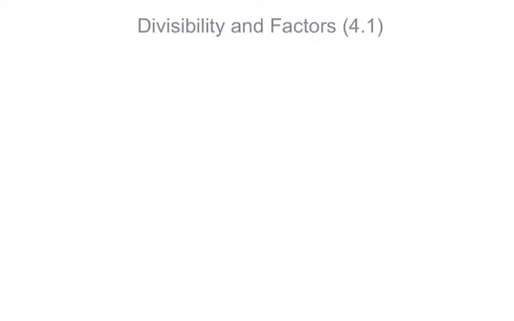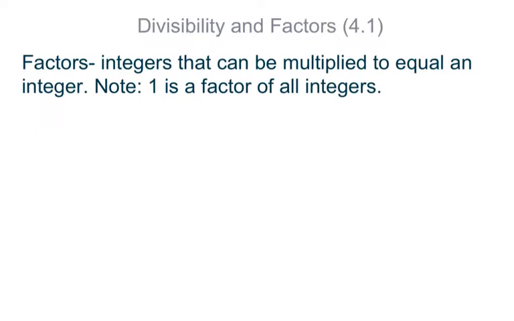Alright, divisibility and factors. Well, factors are integers that can be multiplied to equal an integer. So note, 1 is a factor of all integers. 1 will go into everything. And we have some divisibility rules to determine what numbers will go into what other numbers.